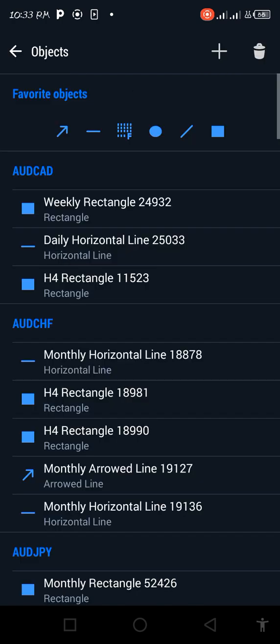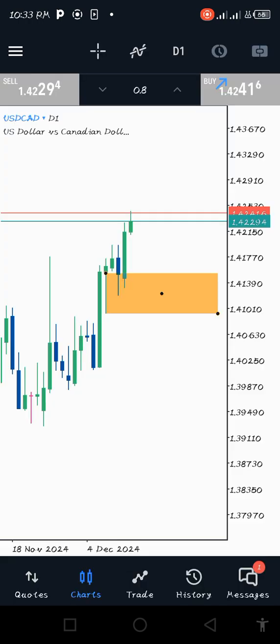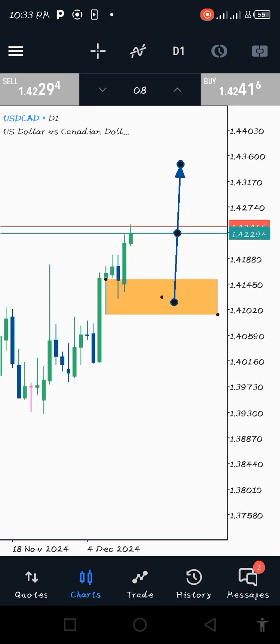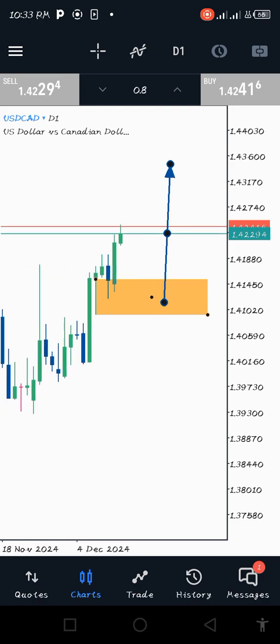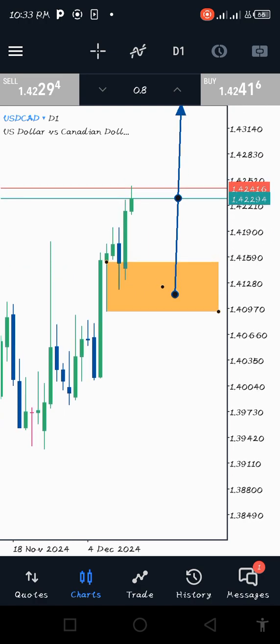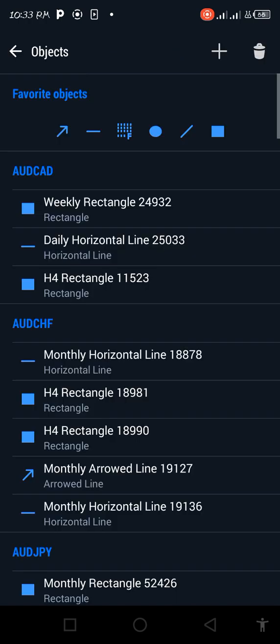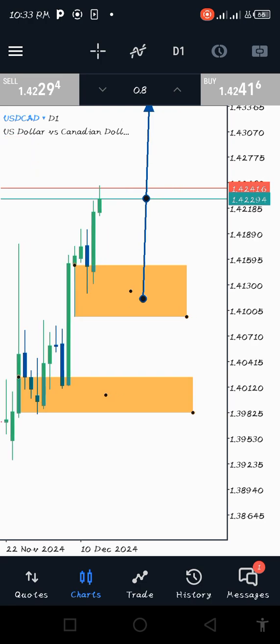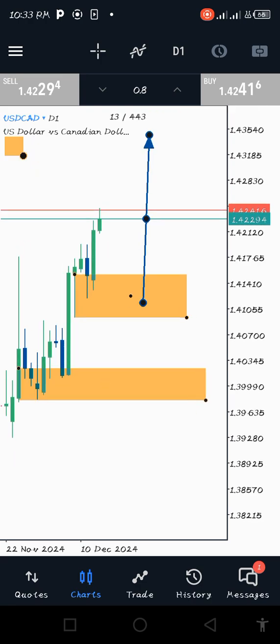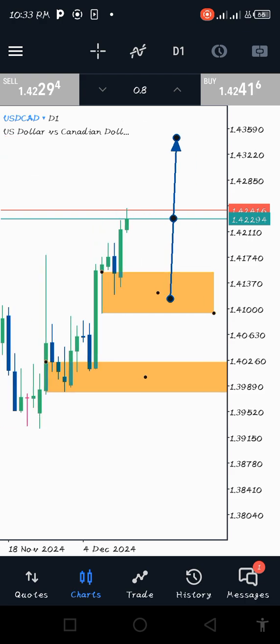So if we can tap into that zone on either the London or the New York session and see an entry, we take it. That's one zone where we can consider taking a buying opportunity. This is another zone right here, where we can consider taking buying opportunities to the upside. So if the first zone doesn't work, we consider taking buying opportunities from the second zone.